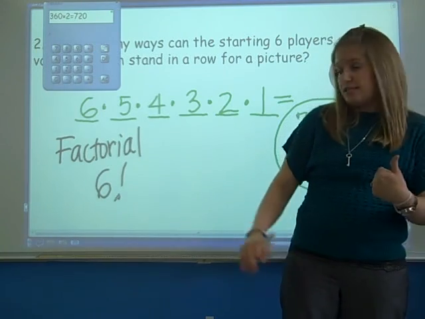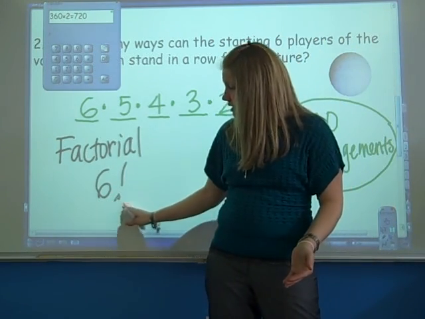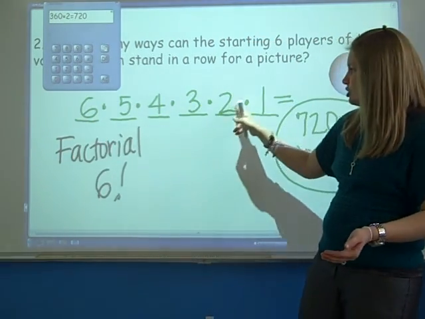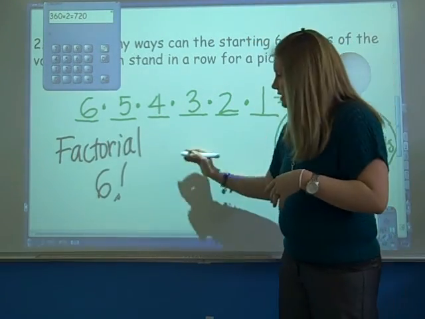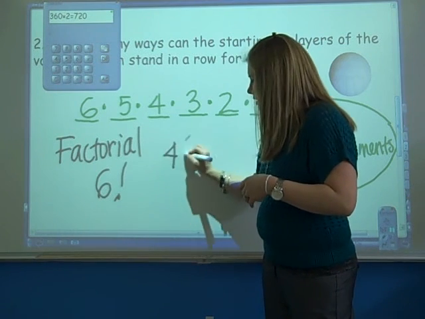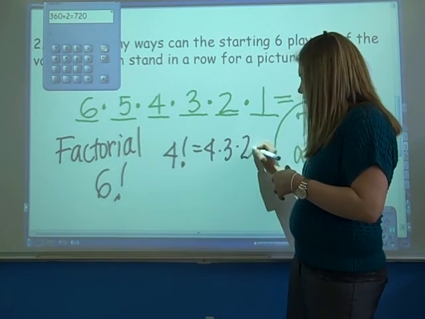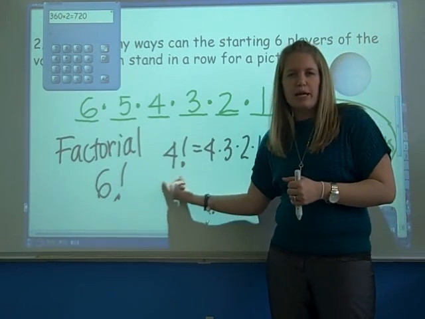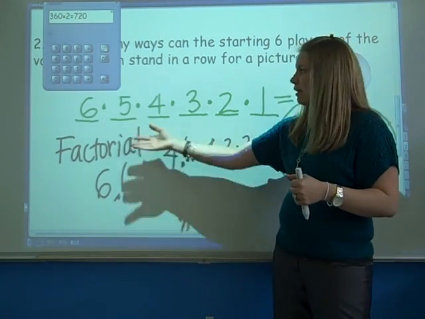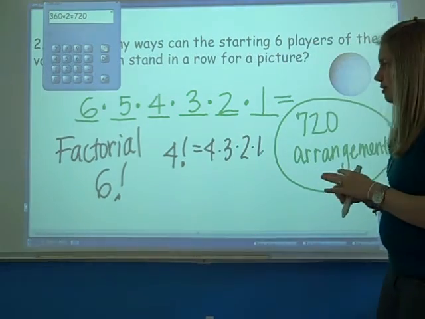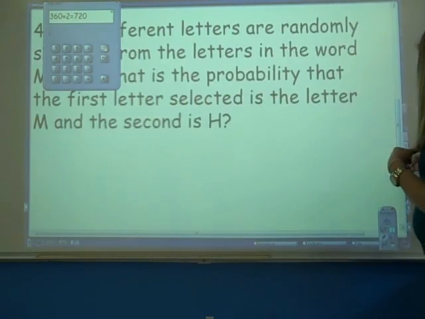This is read as 6 factorial, and means 6 times 5 times 4 times 3 times 2 times 1. So, for example, if I wrote 4 factorial, that means 4 times 3 times 2 times 1. It's a shorthand way of writing all of that out. Okay, because if I had to ask you to do 10 factorial, that would be a lot to write out.